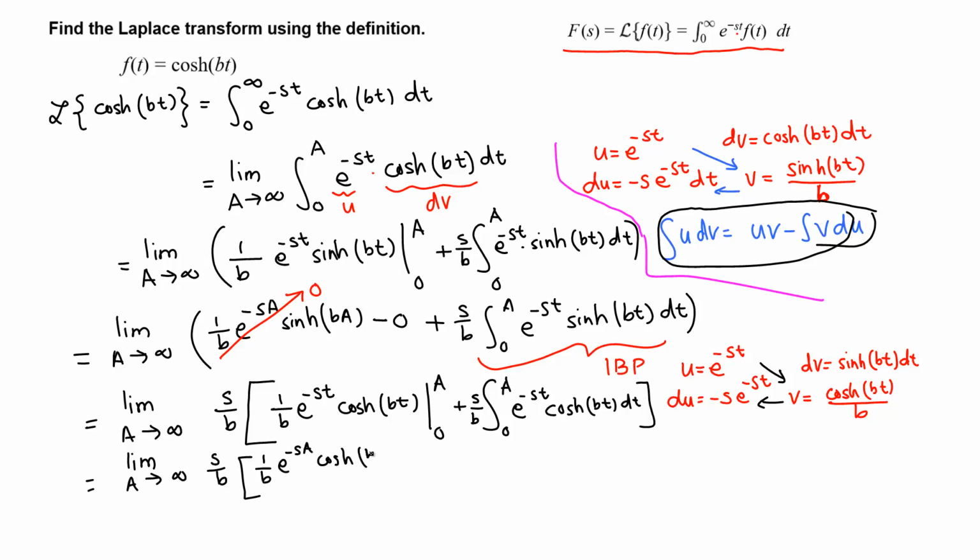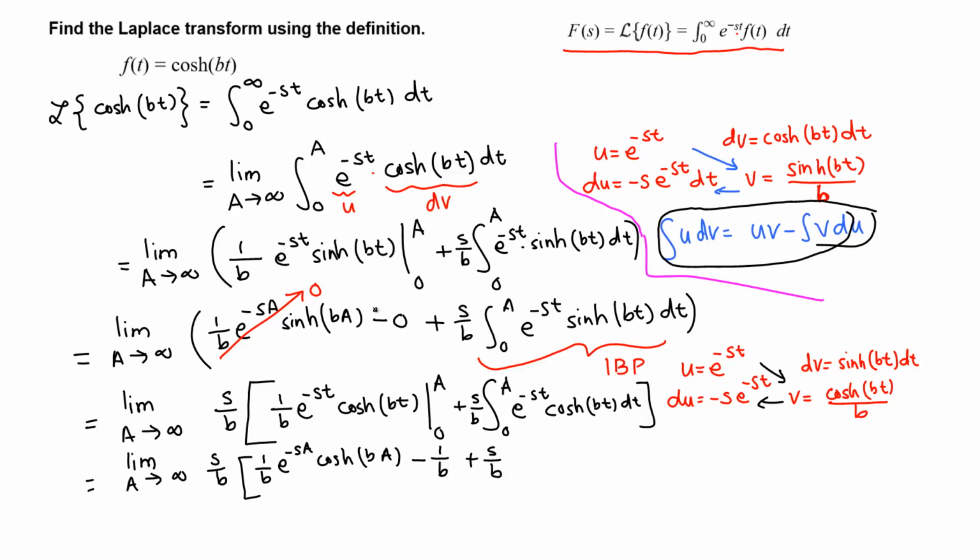cosh ba, that's the upper limit, minus the lower limit. Let's plug in 0: 1 over b times e raised to 0 is 1, and cosh 0 is also 1, so this is just 1 over b, plus this is s over b.